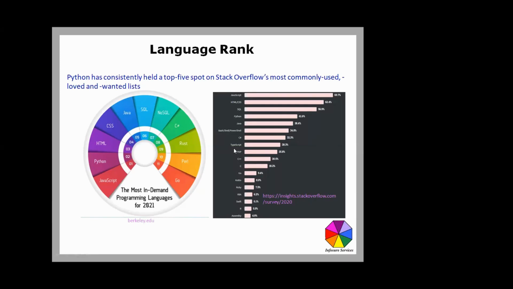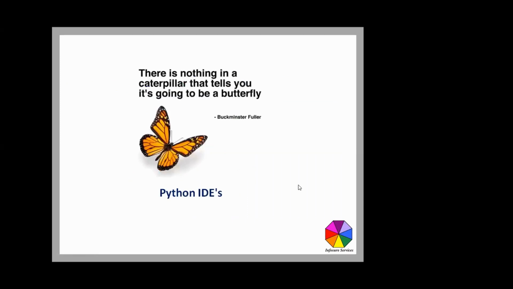A lot of errors get resolved there by other experienced developers. JavaScript and Python are consistently ranked at the top among the most commonly used, loved, and wanted programming languages. C and C++ are below. So just a little bit of language ranking for you.